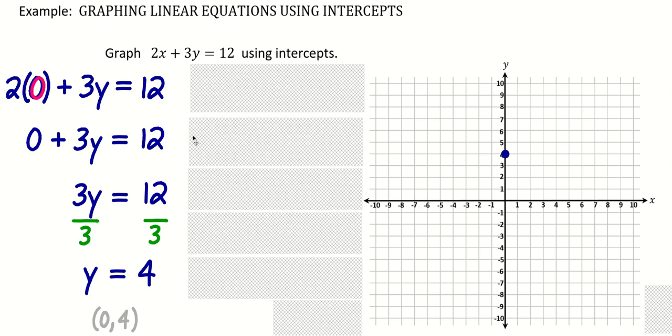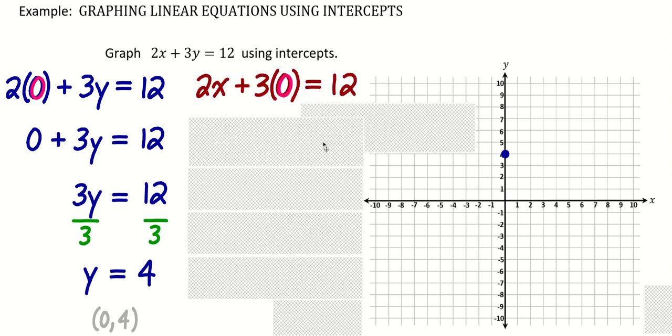Now, how do we find the x-intercept? Well, think about it. If plugging in 0 for x flushed out the y-intercept, wouldn't plugging in 0 for y do the same thing? Yeah, because think about all these possible x-intercepts.